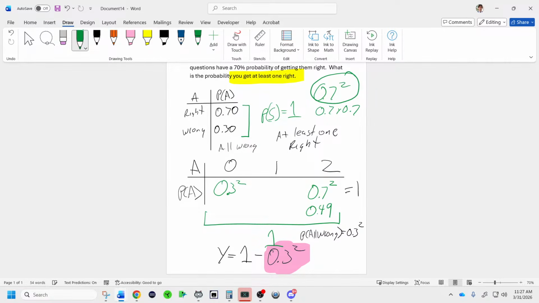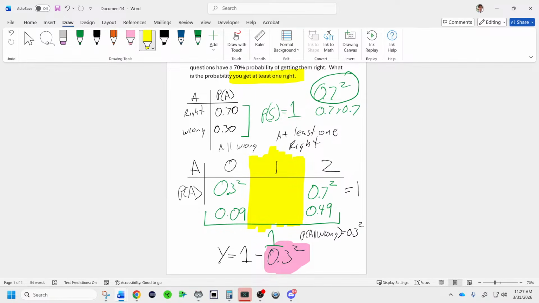Who knows the probability you get exactly one correct? What if this question said, what's the probability you get exactly one correct? Well, think we did a different way. It's exactly one correct, which is a totally different question. We'll do one more here.